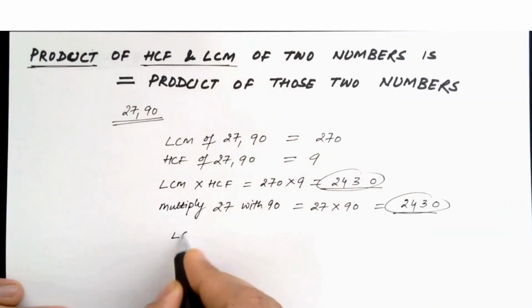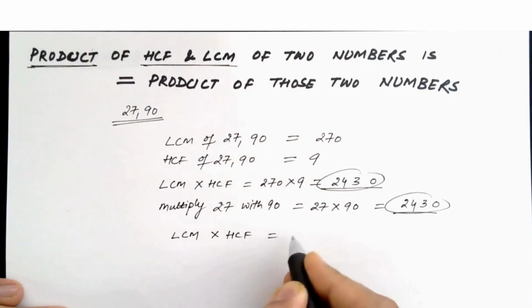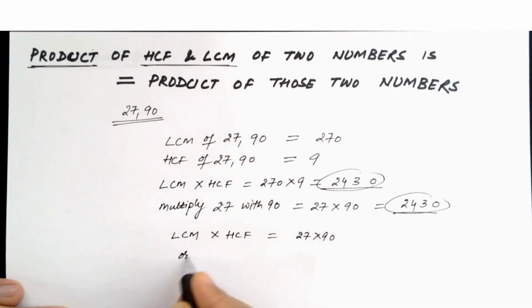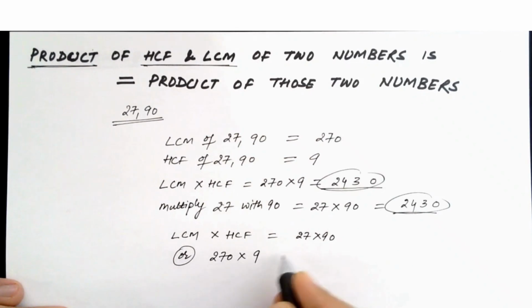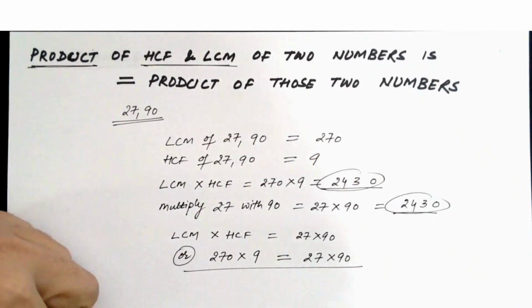So basically what we want to say is LCM into HCF is equal to the product of those two numbers, which is 27 and 90, or we can simply write 270 into 9 is equal to 27 into 90. So this is one example.